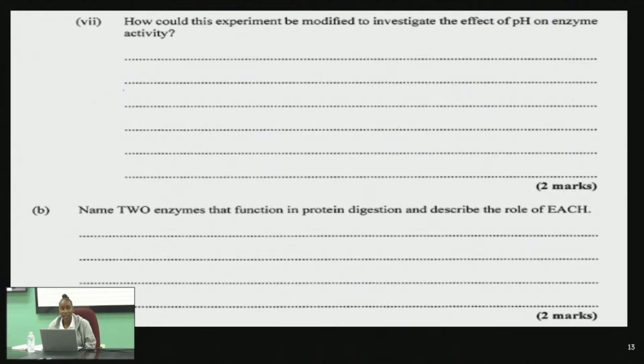You could have kept it at that constant 40 degrees Celsius, and then you would have had 4 test tubes of that potato sample, and each test tube would have been given a different pH. So instead of alternating the temperatures, you are now alternating the pH, and that will help you to investigate if pH has an effect on enzyme activity.